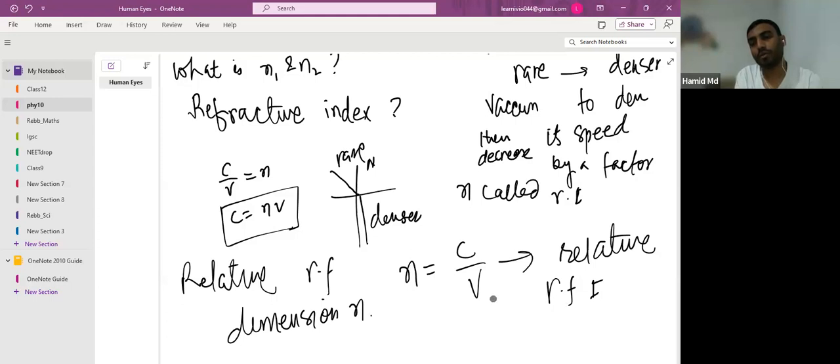It is also called a specific as well. What is the dimension of n? Tell me.